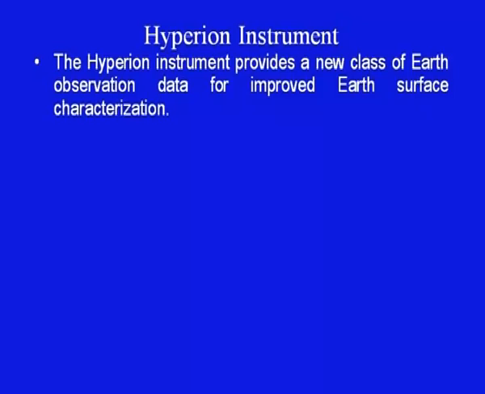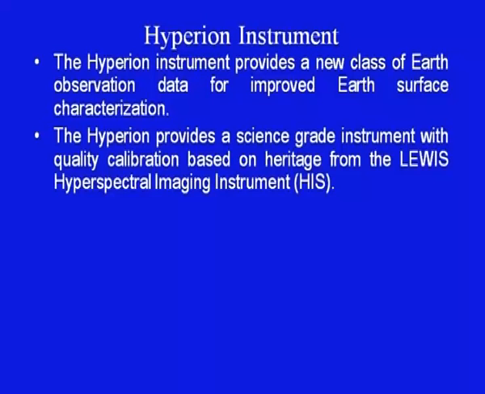Now we come to the next instrument in the EO1, and that is Hyperion. The Hyperion instrument provides a new class of Earth observation data for improved Earth surface characterization. The Hyperion provides a science-grade instrument with quality calibrations based on heritage from the Lewis hyperspectral imaging instrument.